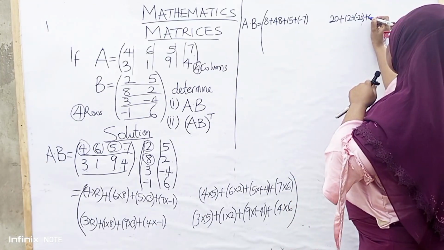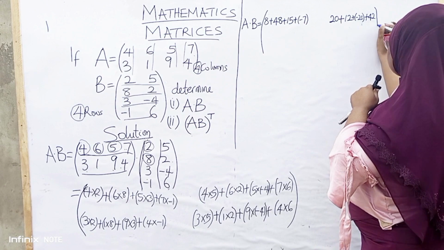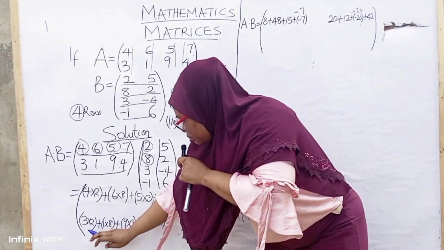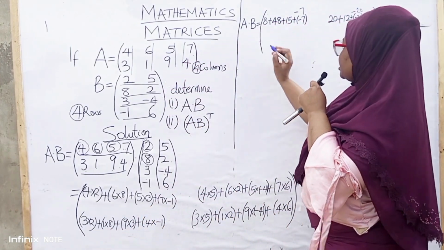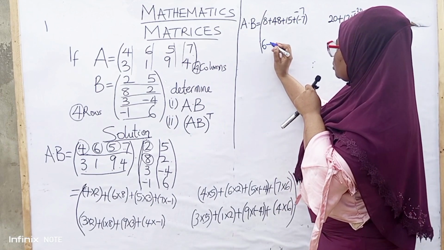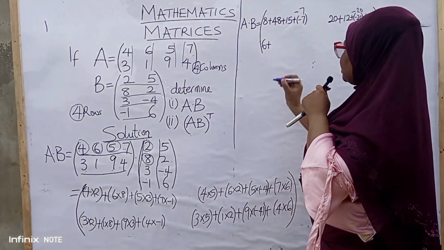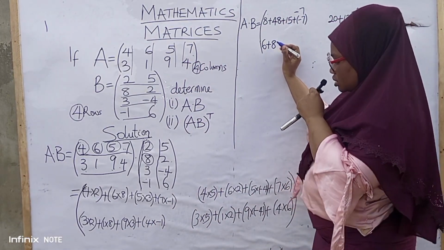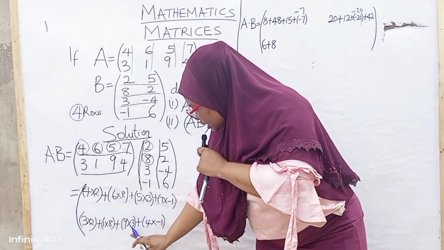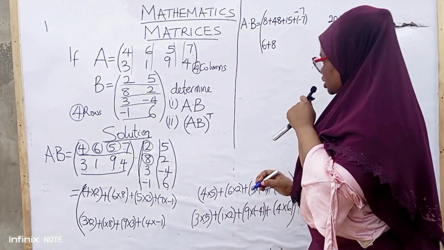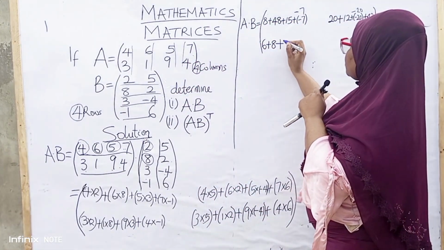Plus 42. 3 multiplied by 2, 6. Plus 1 multiplied by 8, 8. So plus 8. Plus 9 multiplied by 3, 27. So plus 27.